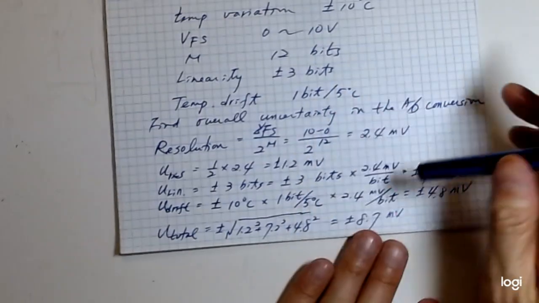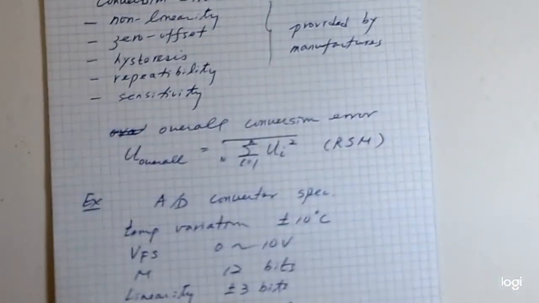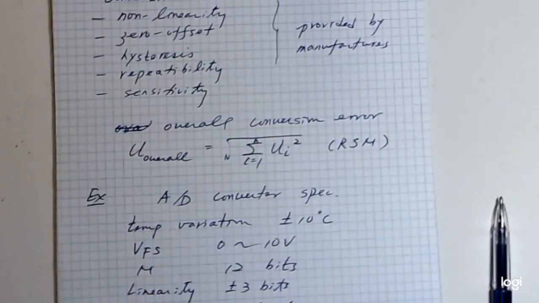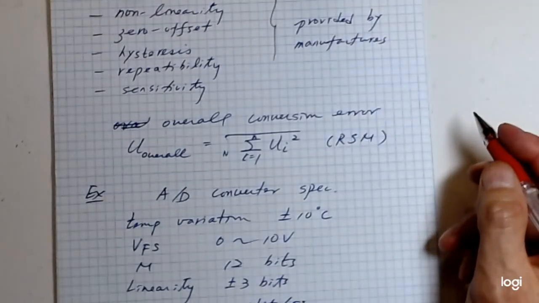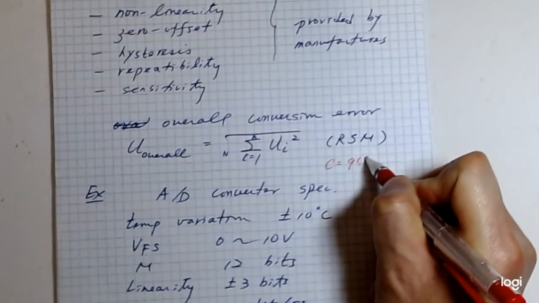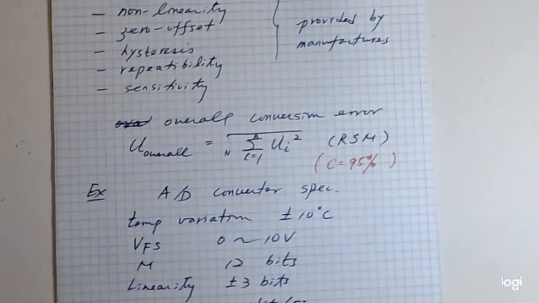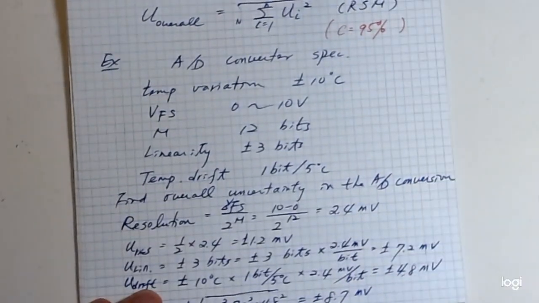Of course, when we use root sum square to estimate the uncertainty, it is with a confidence level of 95%. So the overall error is 8.7 millivolt.